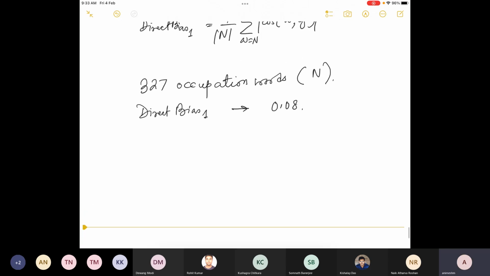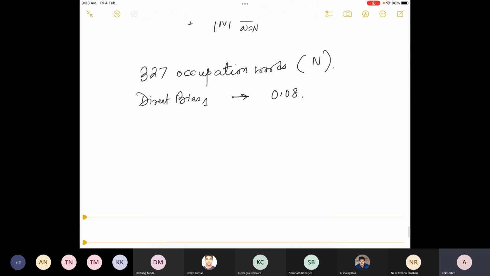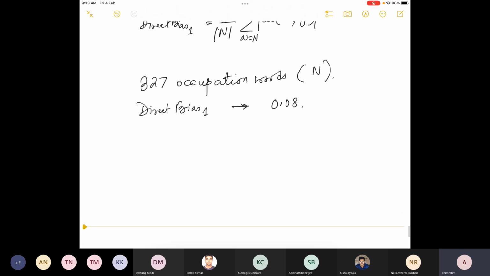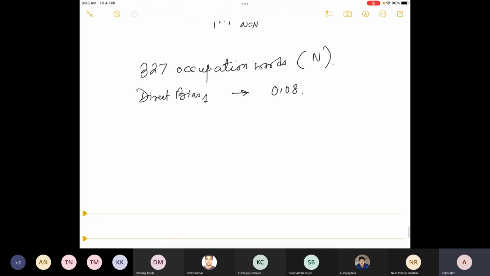The extent of direct bias now, with the definition of the gender subspace or the gender direction and the N words at your disposal, you are able to perfectly quantify the direct bias present in the data set. Now, what would be your take on this number as a data scientist?